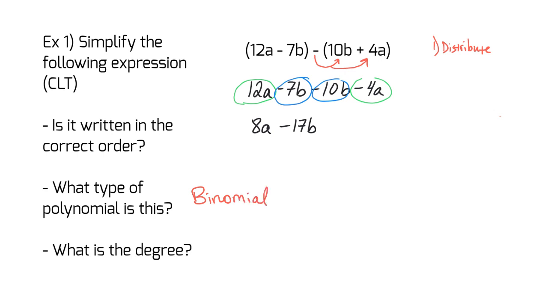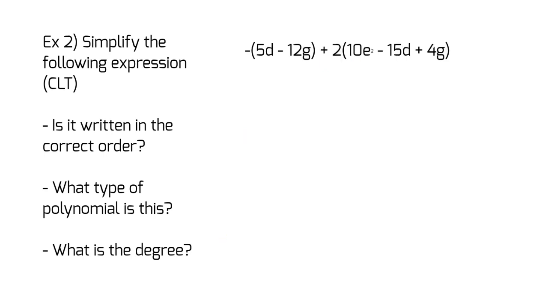Well, again, let's check each term. This has a variable, exponent of 1, so this is degree 1. This has a variable, also degree 1. So what is the degree? 1.